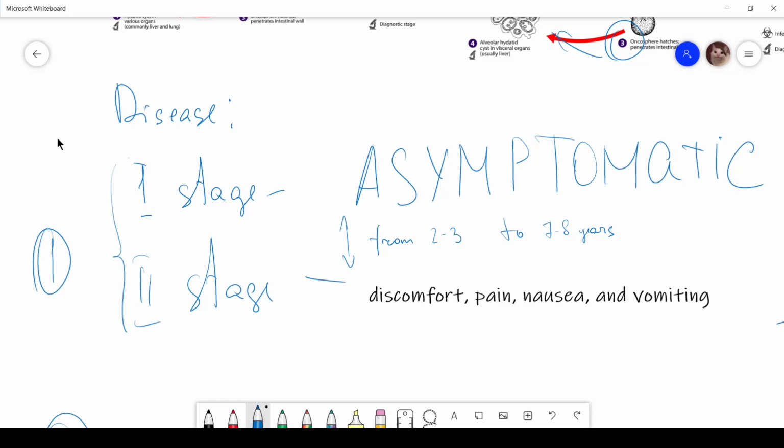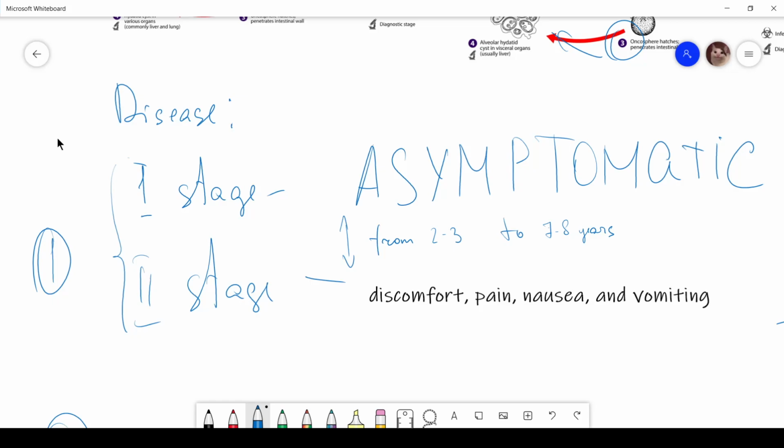For example, I know one case when one boy got Echinococcus granulosus in his brain, and this boy got schizophrenia. But after this bubble was removed from his brain, he stayed healthy.